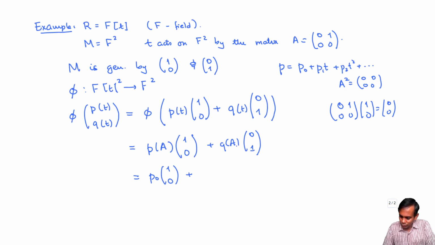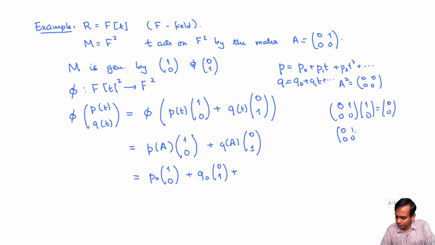And similarly, when you do it for q, suppose q is q0 plus q1 t plus dot dot dot, the higher degree terms vanish, and so now we'll get q0 times (0, 1) plus q1 times A times (0, 1). But A times (0, 1) is just (1, 0).